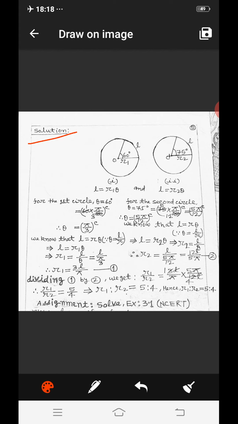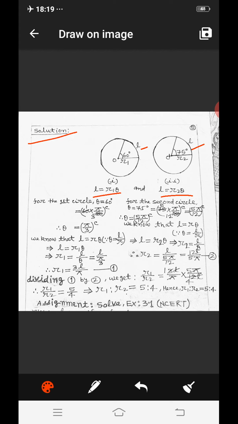Also let the length of the arc in each case be L.